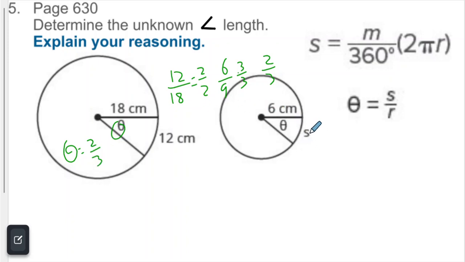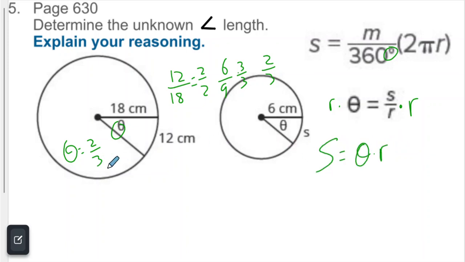Over here, we have to calculate what s is using this theta, since all circles are similar. I can take this equation, but that's not the equation I actually want to use, because that's got a lot of extra stuff. This is for degrees. So I'm going to multiply each side by r. This equation was in the presentation before: s equals theta times r.